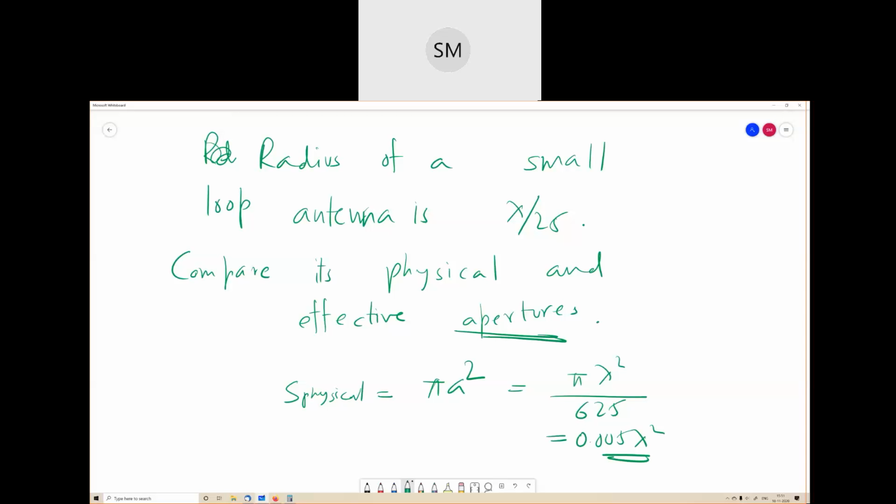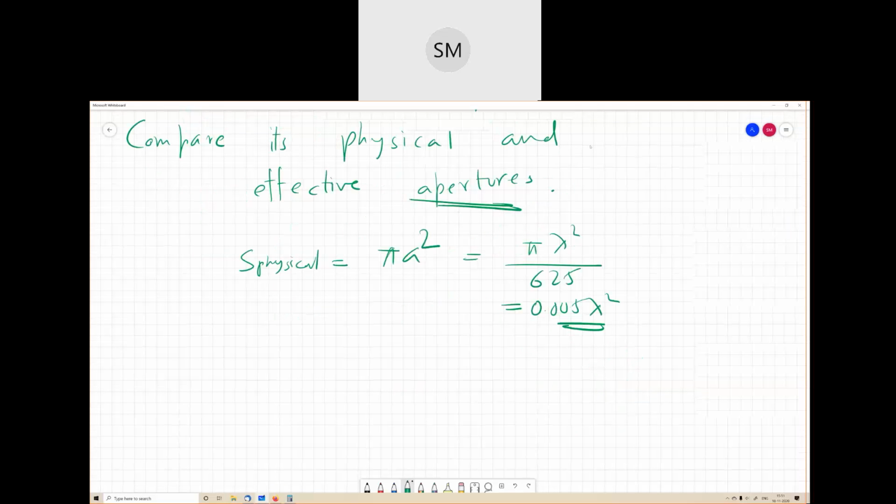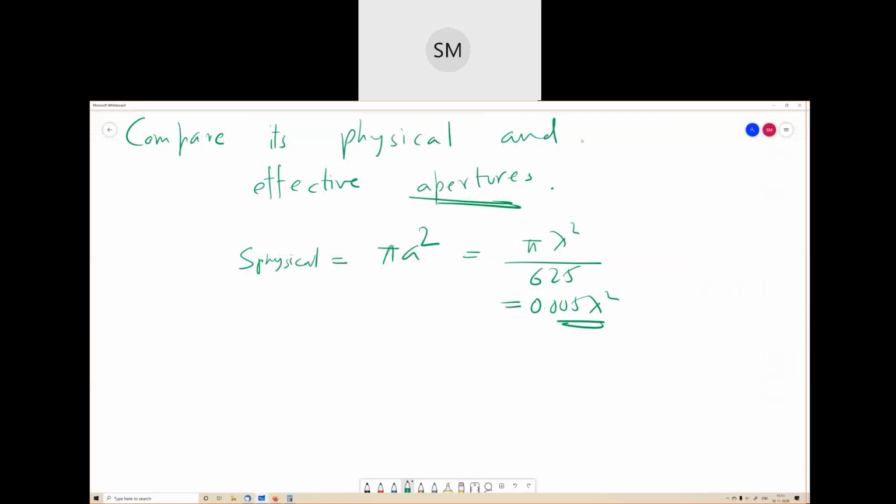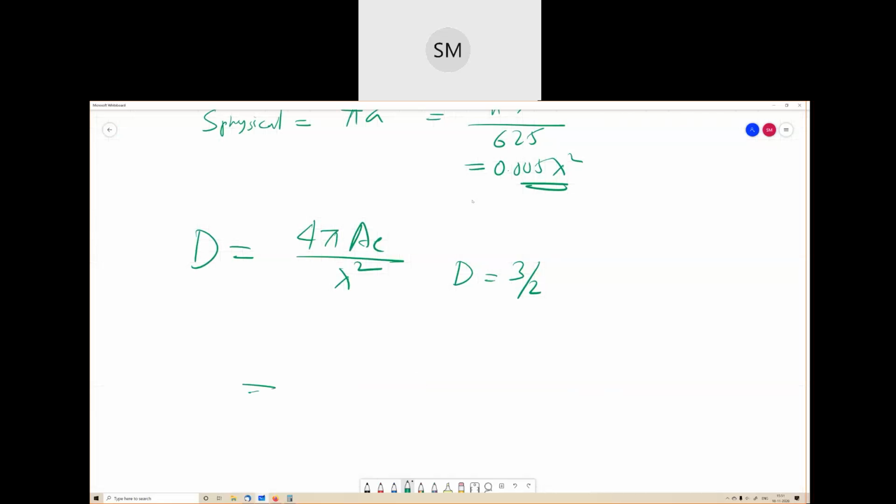What will be the effective aperture? How to find out the effective aperture? We use D equal to 4 pi Ae by lambda square. What is D? D is 3 by 2, we have seen for the small loop. So what will be Ae? Ae will be 3 by 2 into lambda square by 4 pi, or 3 lambda square by 8 pi.